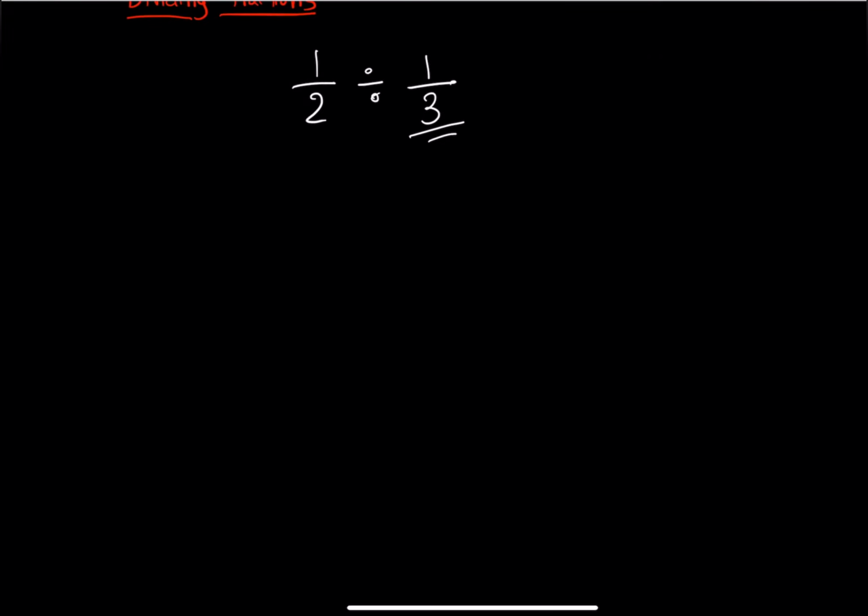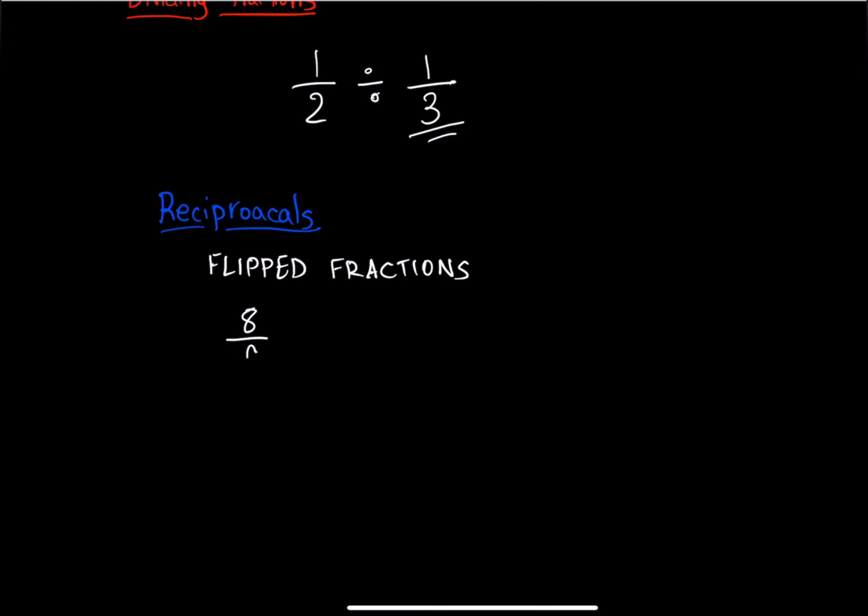So let's talk about reciprocals. Reciprocals are pretty simple. They're exactly the same thing except flipped. So the reciprocal of a fraction would be the flipped fraction. For example, the reciprocal of 8 by 9 would give us 9 by 8.